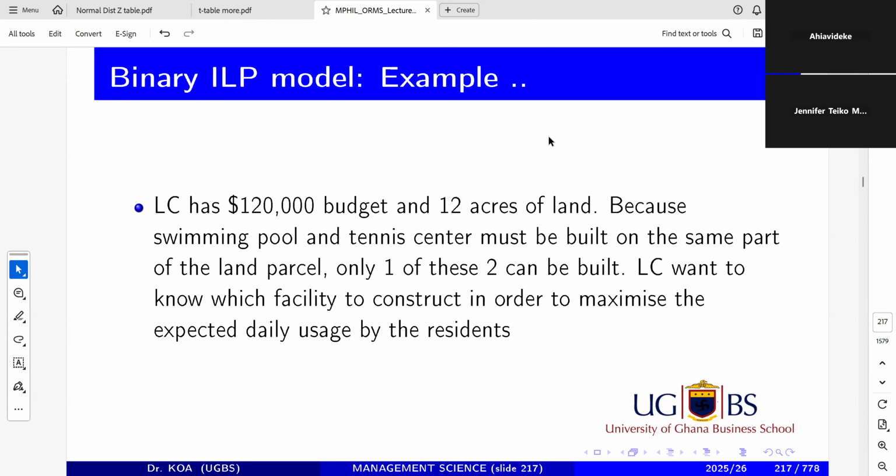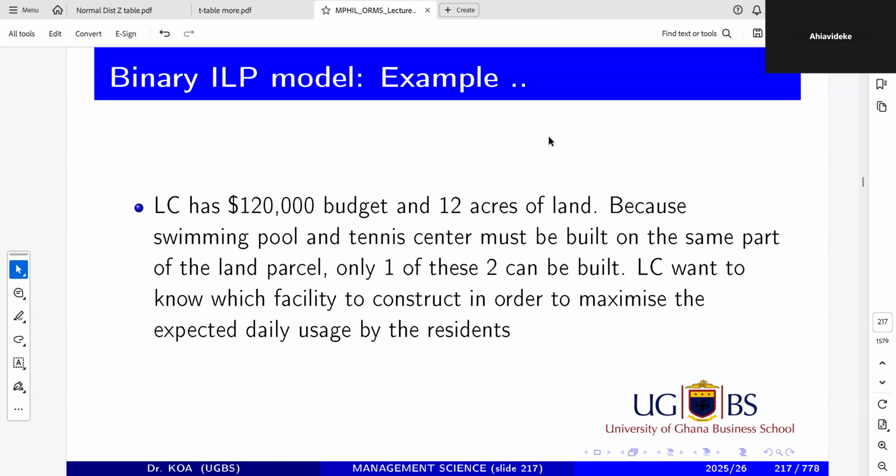Construction is not measured in acres. That's why there's a better way to say the decision variable. Who can correct it? Who can say the better thing? I hear Beteke.